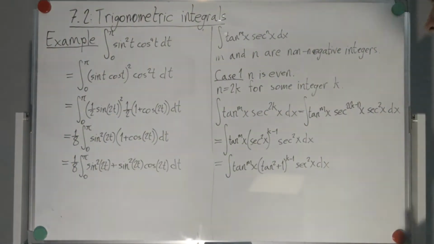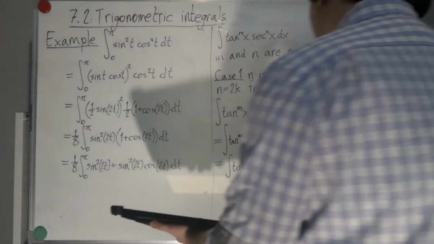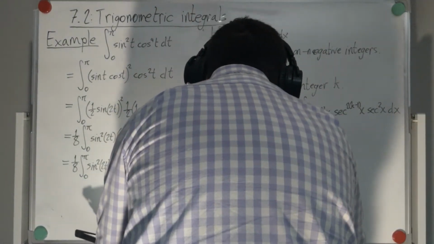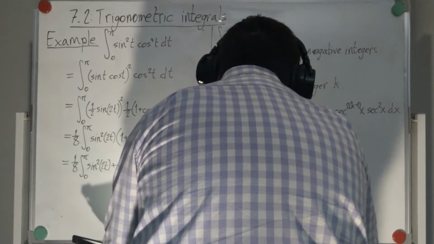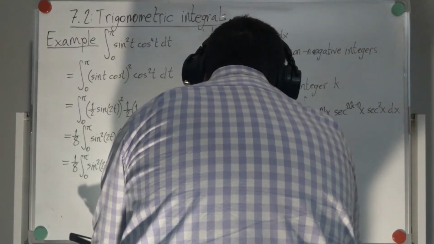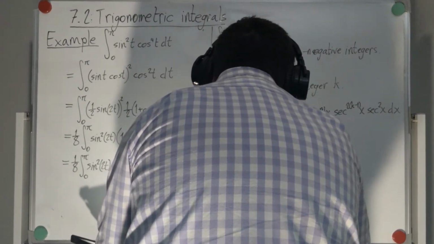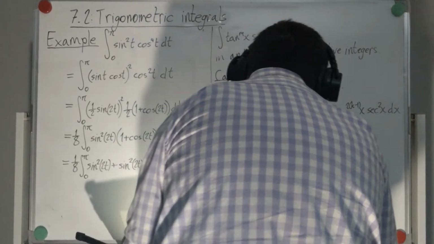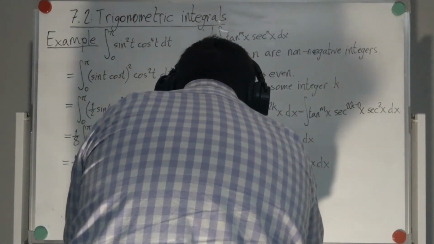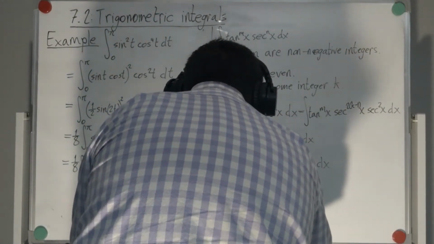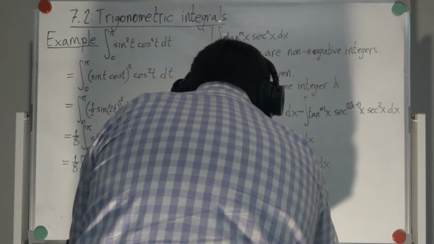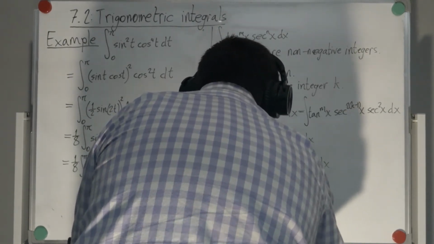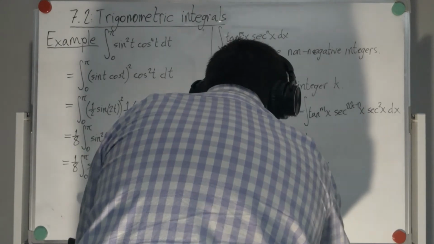In which case, we can do a u substitution now. We can say u equals tangent x. In that case, du equals secant squared x dx. And so this becomes the integral of u to the m times u squared plus 1 to the k minus 1 du.